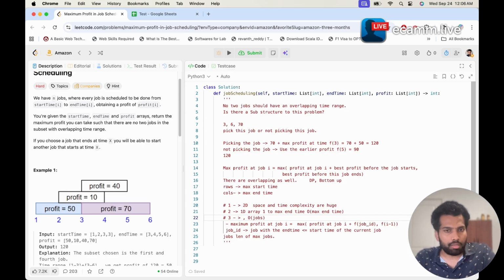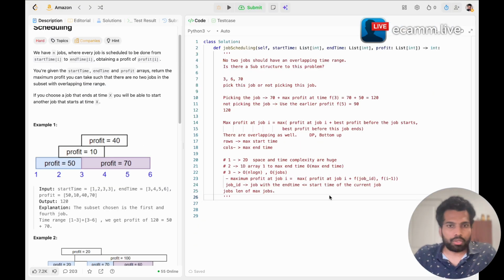A binary search is log n, so it would be O of n log n. So there's a huge step up from the earlier use cases, like O of n square here, and here it's the same thing.